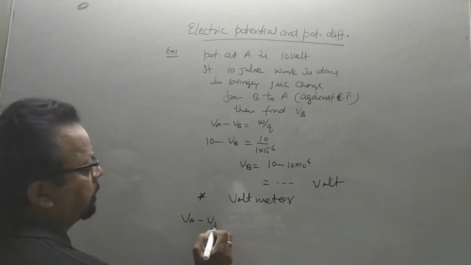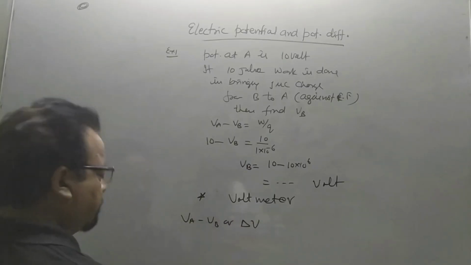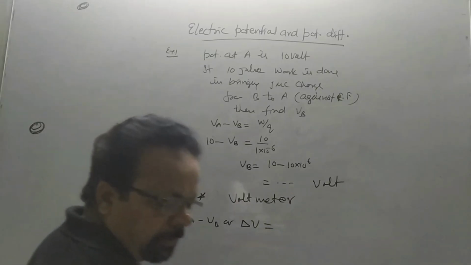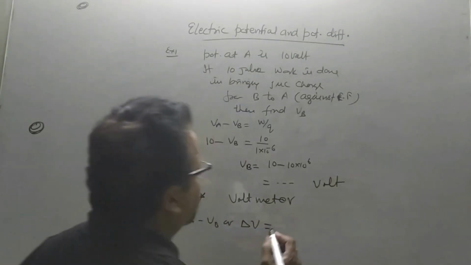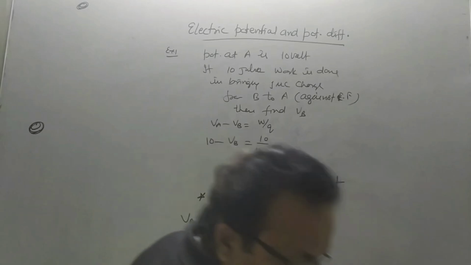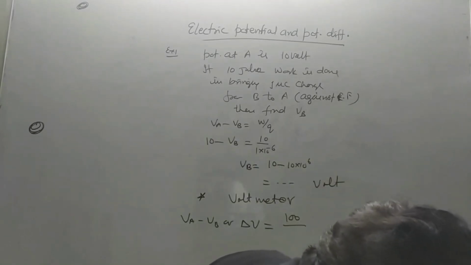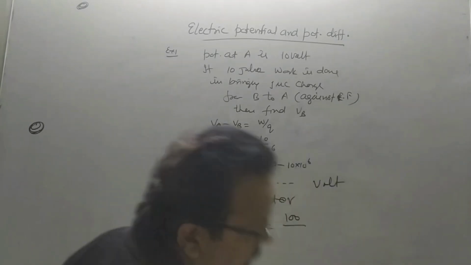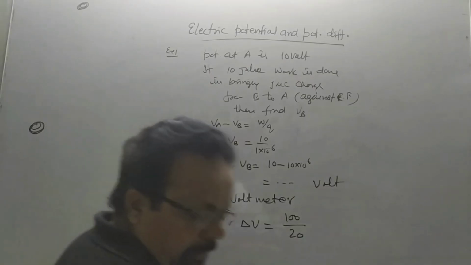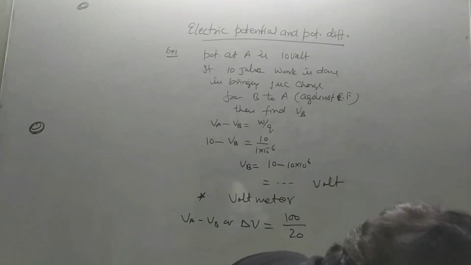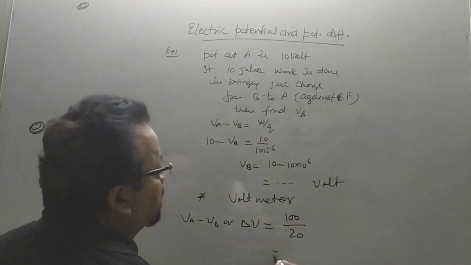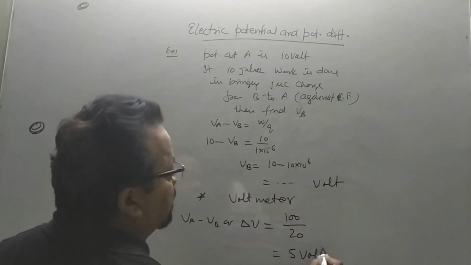VA minus VB, you can write delta V. W is given 100 joule in transferring 20 coulomb charge, that is 5 volt. Very simple question.